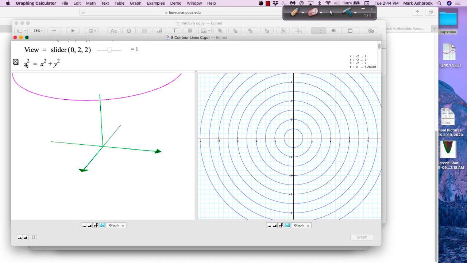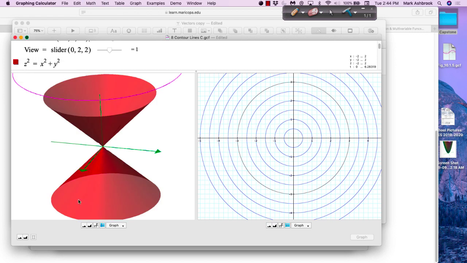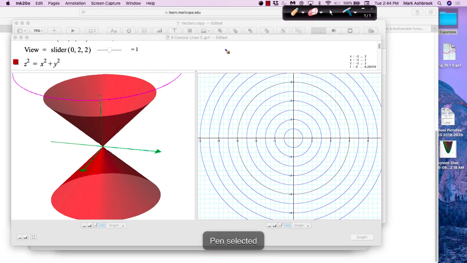It's a cone. So it's just going to be the top half if it were z equals the square root of x squared plus y squared. And how would we get the bottom? The bottom is z equals negative square root of x squared plus y squared. It's two separate functions, right? You can't write a double cone as one function. It's got to be two separate functions.